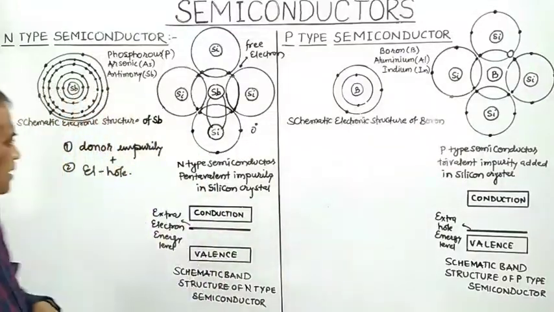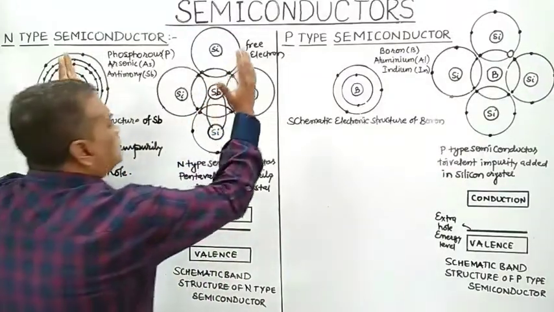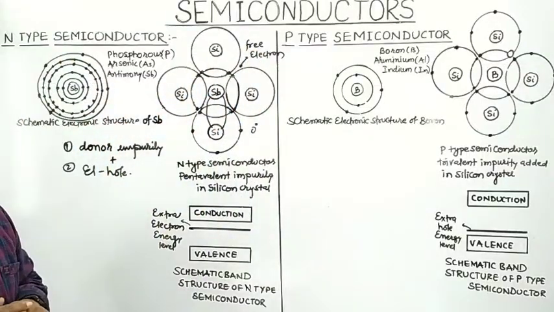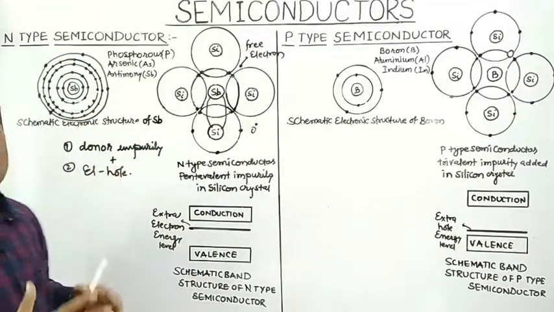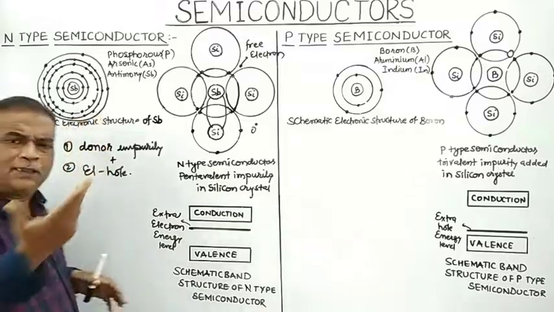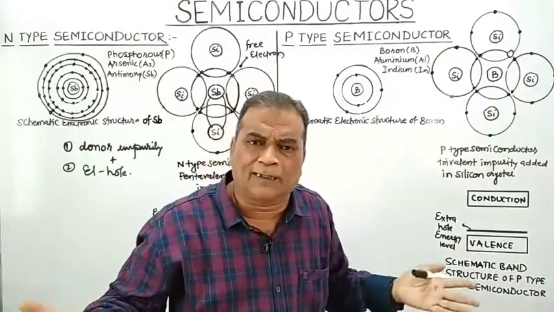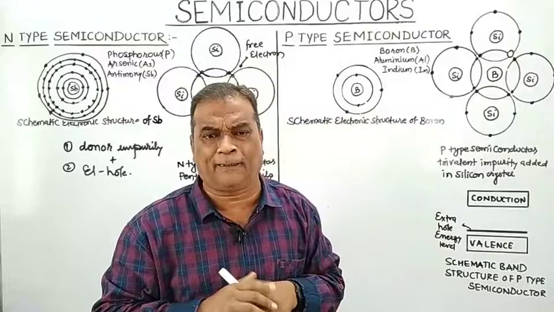And remember that in that doped silicon crystal there is a recombination of electron and hole pairs, because they are oppositely charged particles.